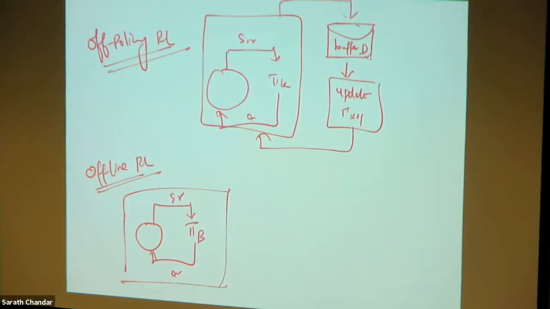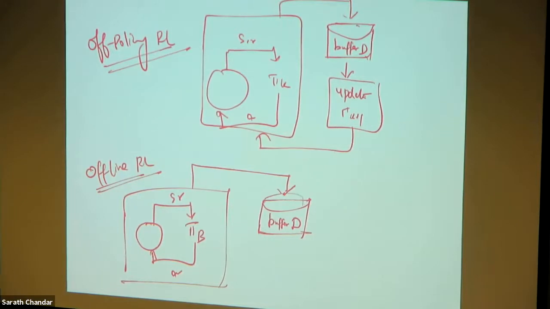It could be human experts, humans interacting in the world, and we are just recording all the interactions. We take this to construct a buffer of data set, and I'm going to use this buffer to learn the policy pi. Is that clear? Once I learn the policy pi, I'm going to deploy the policy in the world.